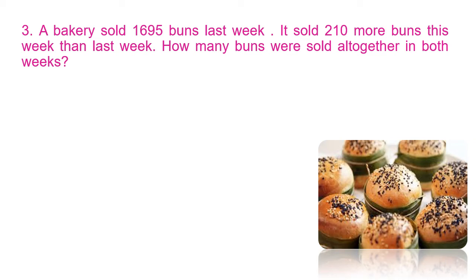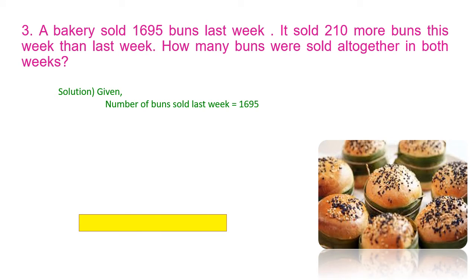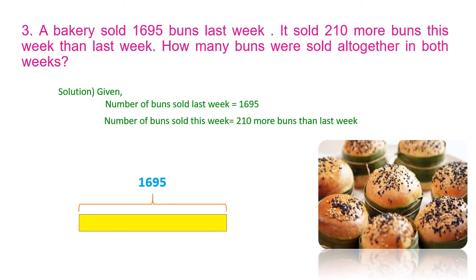Before moving on to the first part, we have to gather all the information that we will be requiring. So the information which is given in the first part is the number of buns sold last week, which is equal to 1695. Now let us represent this by this yellow bar, and this has a value of 1695. The next information which is given is the number of buns sold this week is equal to 210 more buns than last week.